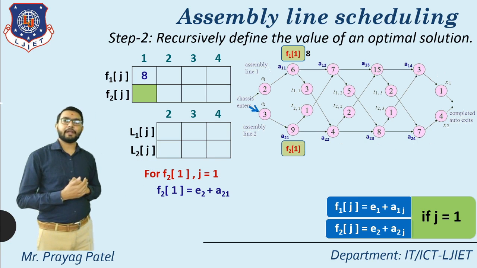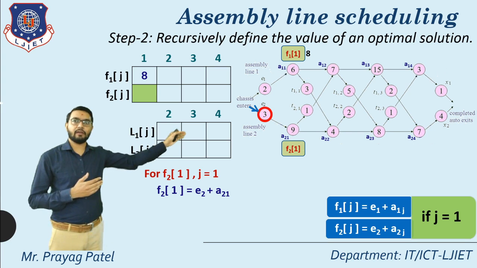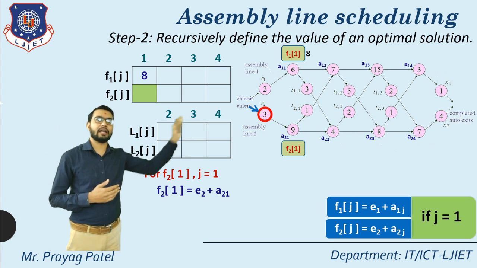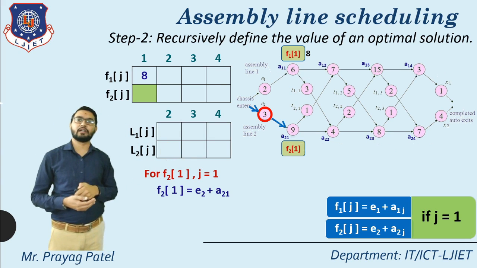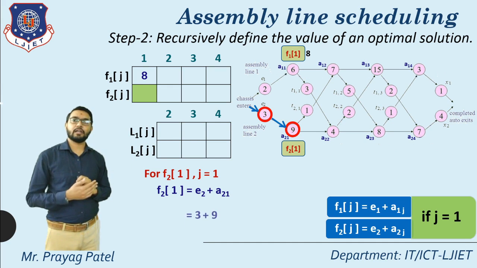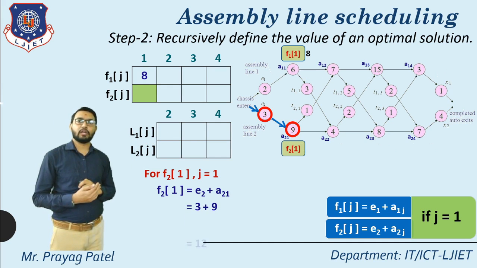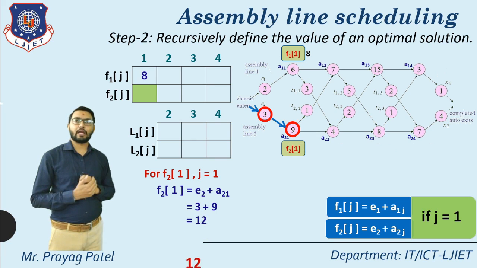Now put the values of E2 and A21. What is the value of E2? E2 equal to 3. Here consider this value 3 as E2. Then consider the bottom path, means here the path is this and the value is 9. So F21 equal to 3 plus 9 equal to 12. So consider the value 12 as F of 21. Okay.